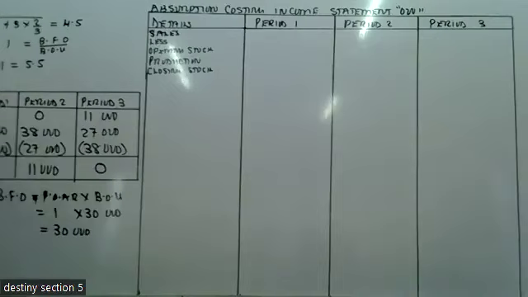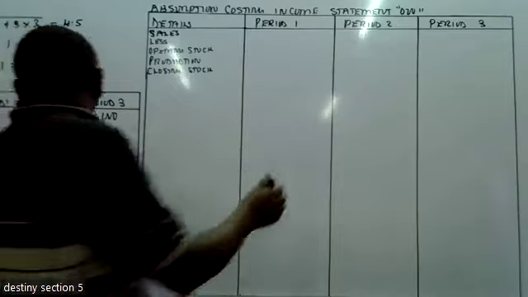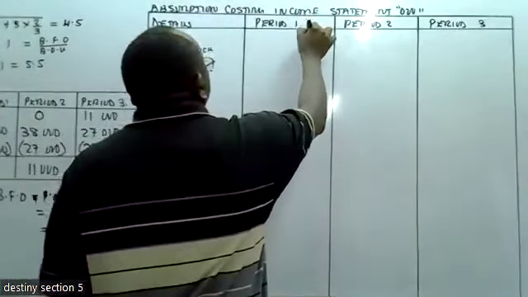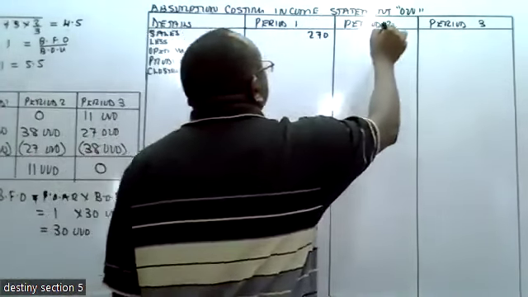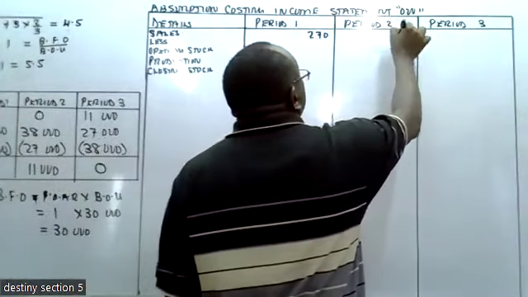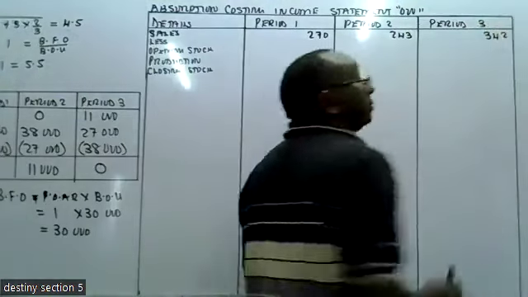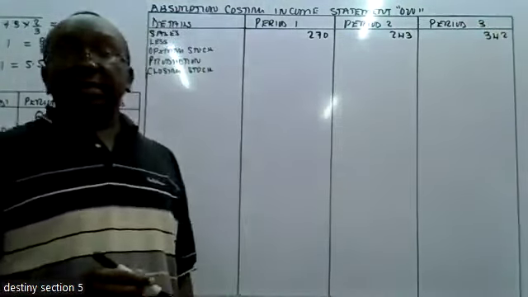Sales remain the same. Just take your selling price multiplied by the units like we did. So just read for me. The first one was 270. The next one, 243. 342. So the sales are the same.